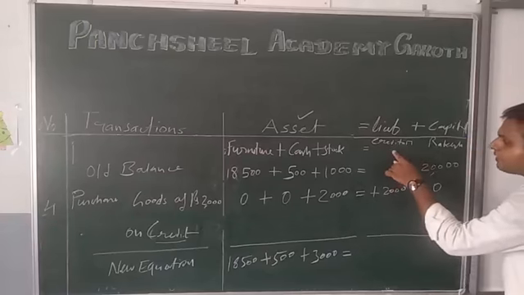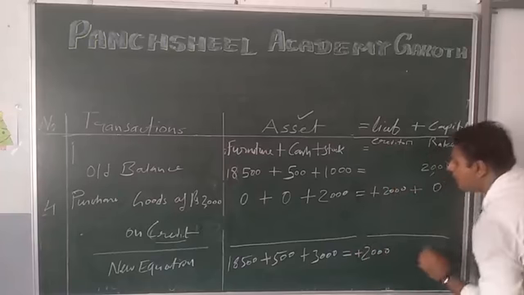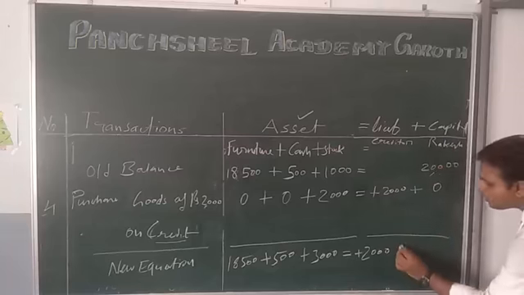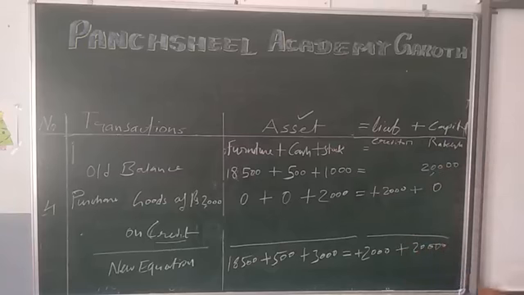Creditor: before nothing was there, but now 2,000. And Rakesh's capital, how much? 20,000 plus 0, 20,000.